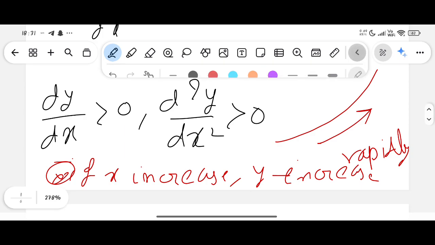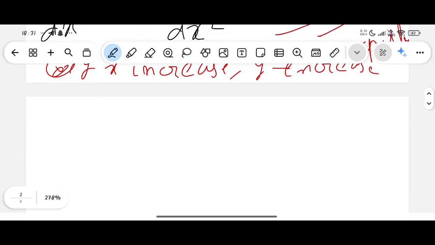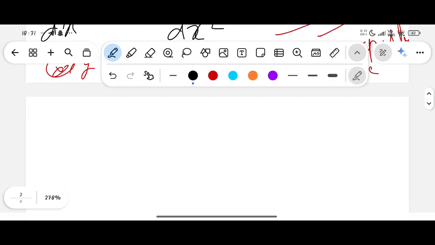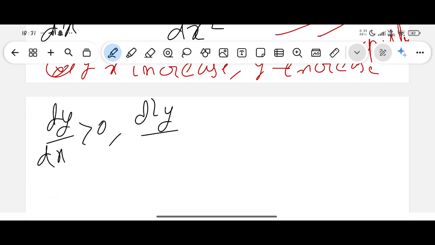Now for the next case, we take dy dx greater than 0, and here d2y dx2 will be less than 0. This will also indicate that the function is increasing but at a very slow rate.